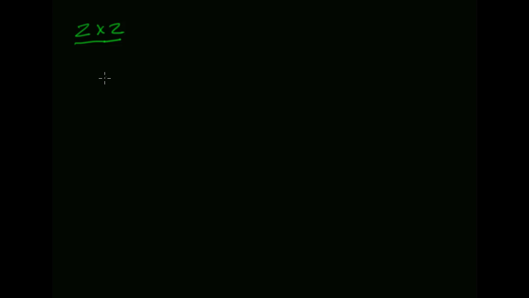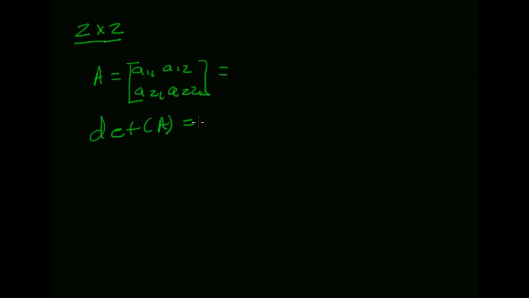So literally, if I have some matrix A that's 2 by 2, and I have this as A11, A12, A21, A22, then my determinant of A, so we can either write it as the determinant of A or with bars, is A11 times A22, so it's like down on the diagonal, minus, and then we go up on the diagonal, A21 times A12.